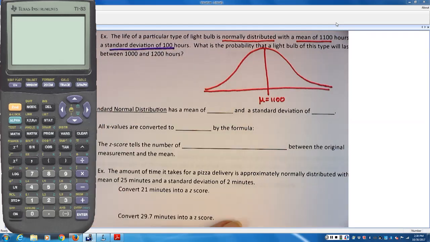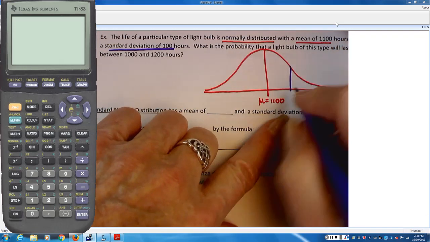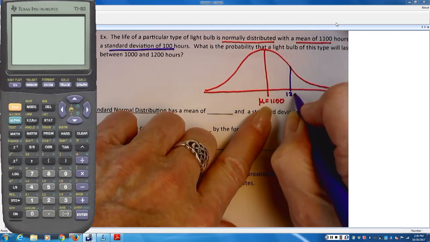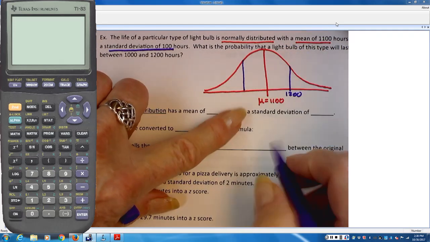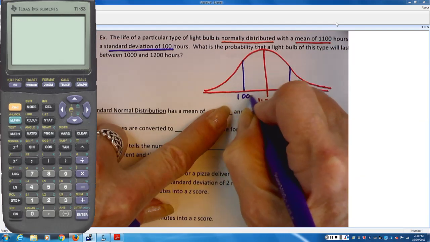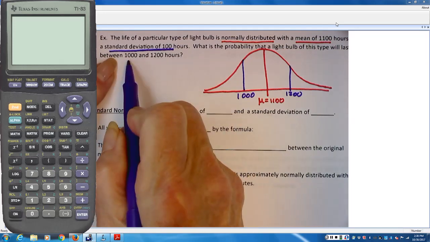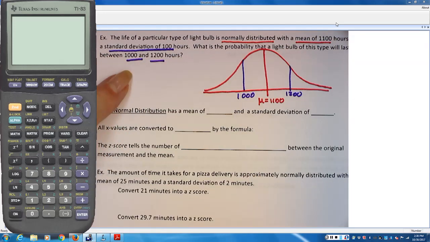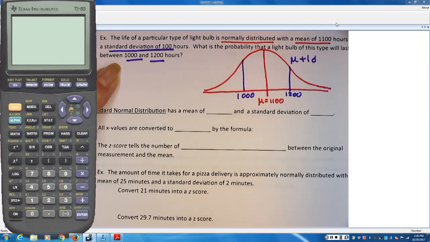And it says the standard deviation is 100 hours. So if I go up one standard deviation, 1,100 plus 100 is 1,200. And if I go down one standard deviation, 1,100 minus 100 is 1,000. And that just so happens to be what they asked us about. What's the probability that a light bulb of that type will last between 1,000 and 1,200 hours? Well, this is the mean plus one standard deviation.